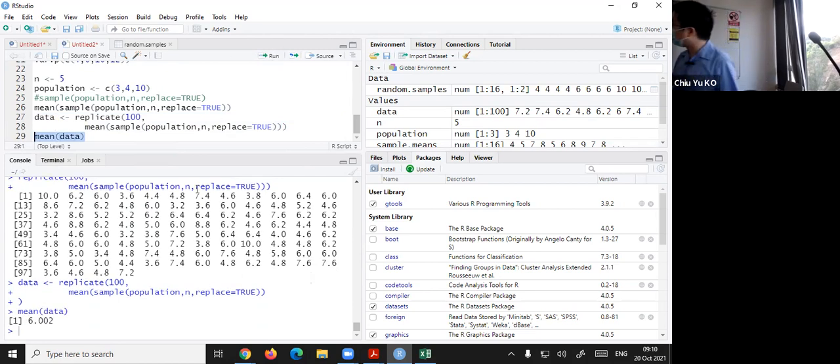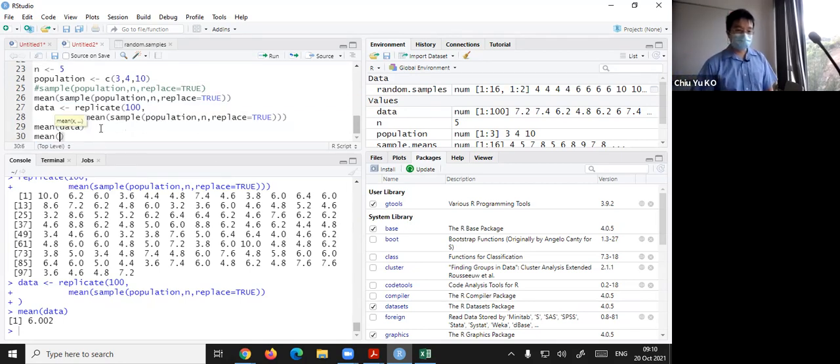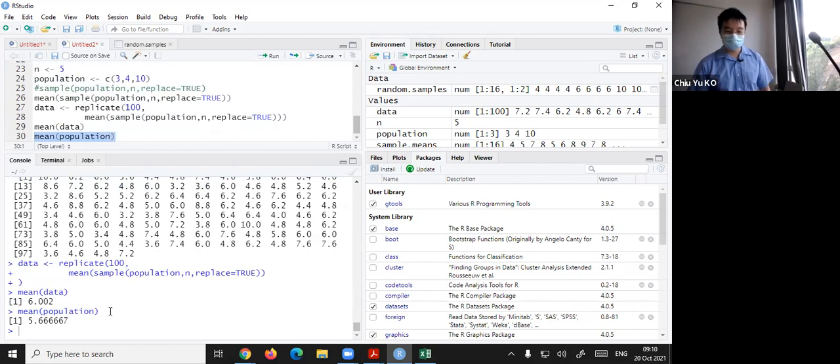So this is 6.002. This is not too far away from the actual population mean, right? The actual population mean is 5.6.